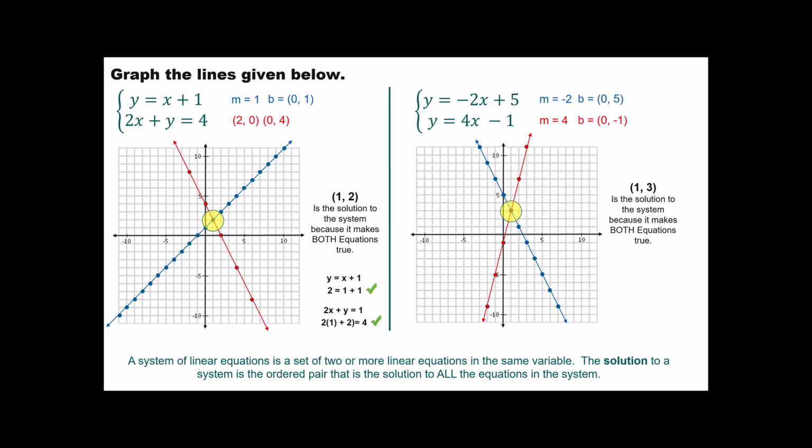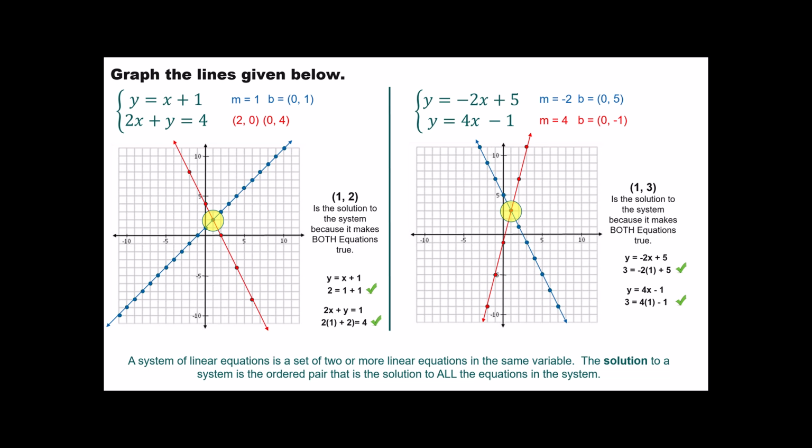It's the solution to the system because it is the only point that makes them both true. I could test the first equation by plugging a 3 in for y and a 1 in for x. That, of course, works. And then I could do the same thing with the second equation, put a 3 in for y and 1 in for x, and of course 4 minus 1 does equal 3. So that is true as well.